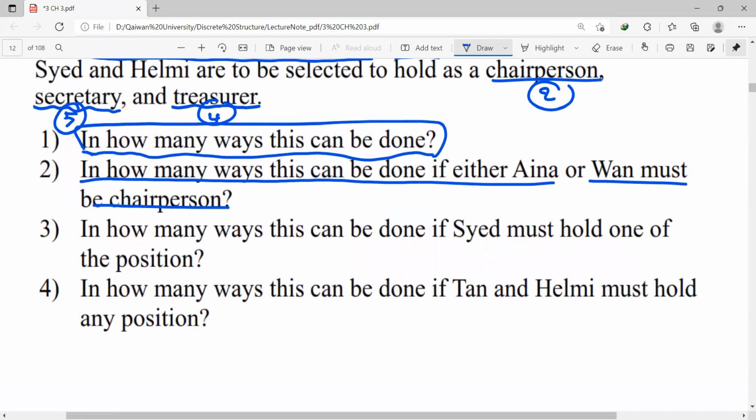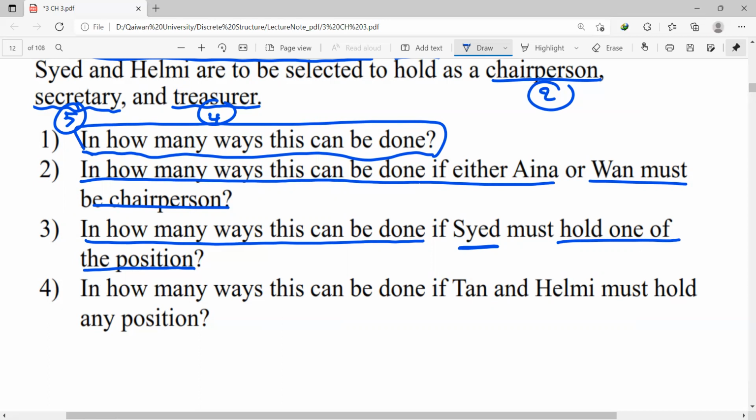For the third one, it says, in how many ways can this be done if Said must hold one of the positions. Said could take one of the positions. That means here we have 3. For the first one, for Said, we have 3 choices.